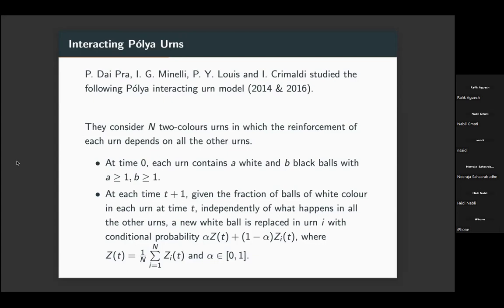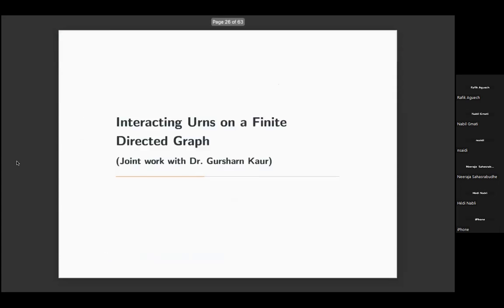So we wanted to study a slightly more interesting model where, in this case, I would say that the underlying graph is complete, because everyone can interact with everyone. We wanted to study it on a non-trivial graph structure. So that is the problem that I am going to talk about in detail: interacting urns on finite directed graphs.